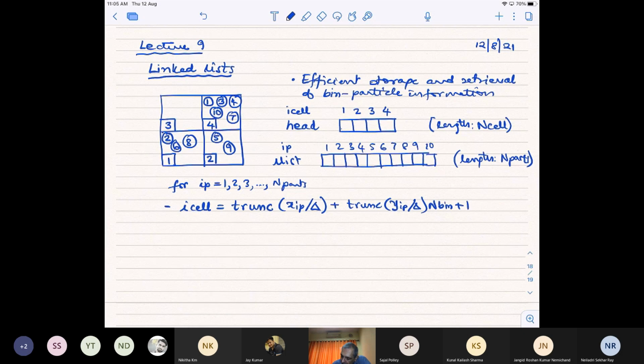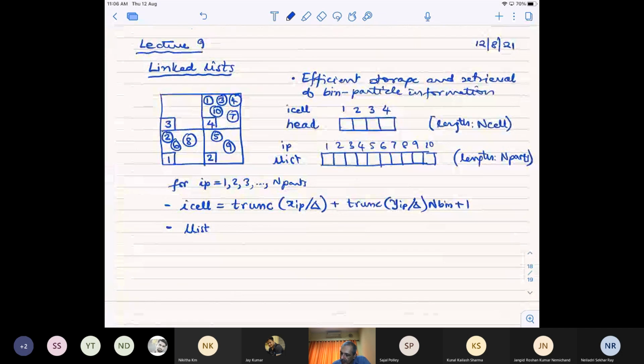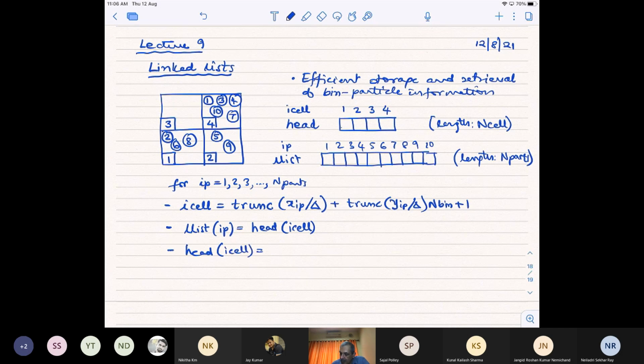The second step is that L list of IP is just equal to head of I cell, and the third step is that head of I cell is equal to IP.